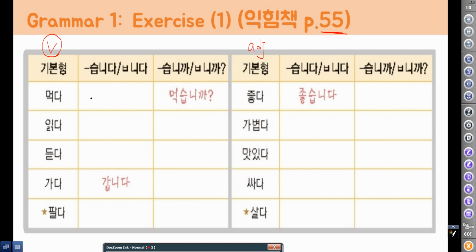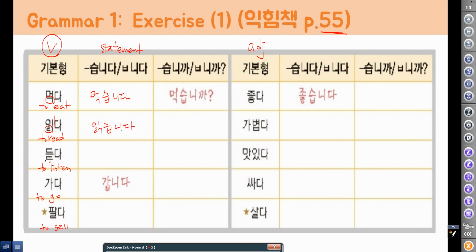Okay, so let's do the statement first. 먹다, eat, 읽다, to read, 듣다, to listen, 가다, to go, 팔다, to sell. Okay, 먹다, 먹 ends in consonant. So 먹습니다. 읽다 ends in consonant. 읽습니다.